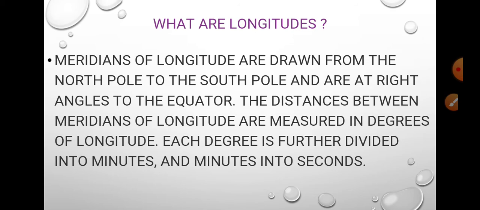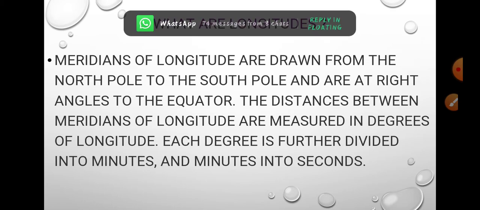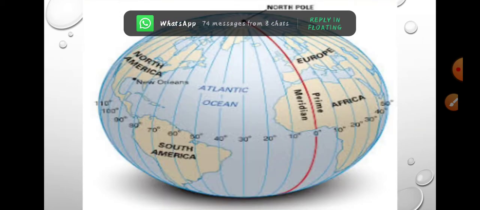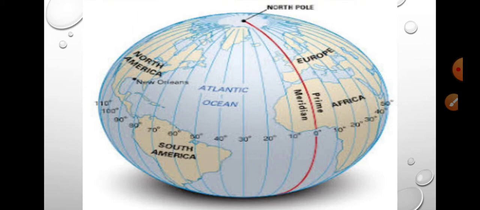The distances between meridians of longitude are measured in degrees of longitude. Each degree is further divided into minutes and minutes into seconds. Look at the picture. The lines drawn at a 90-degree angle to the equator are lines of longitude.